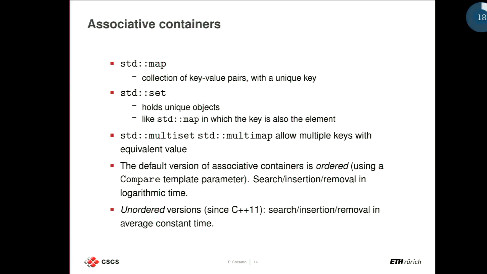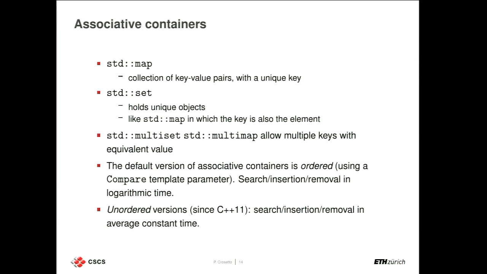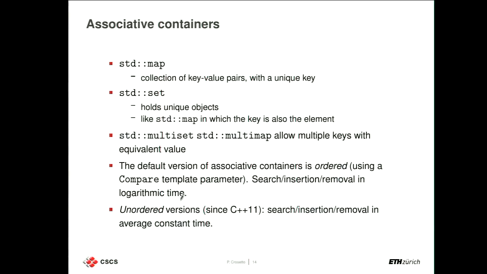Then there are the associative containers. These are map and set, and then multimap and multiset. So there are two versions, one pre-C++11, which is still the default one, in which insertion and removal are in logarithmic time.